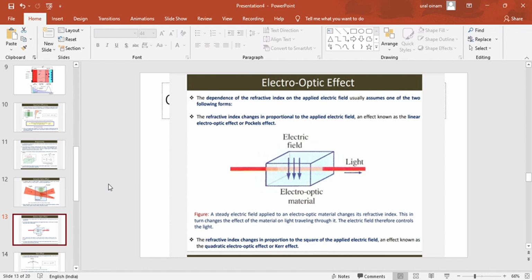And since the light itself possesses an electric field, when it interacts with these aligned charge carriers inside the material, it causes bending of the light, and this is also what we call the refractive index.